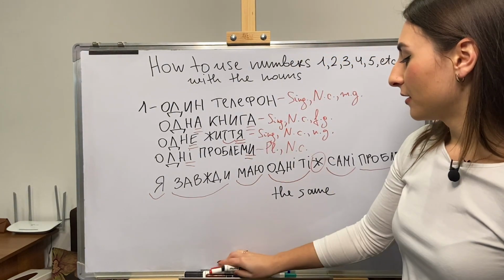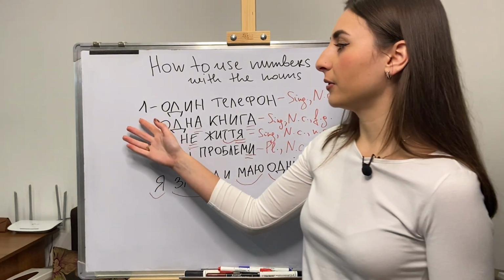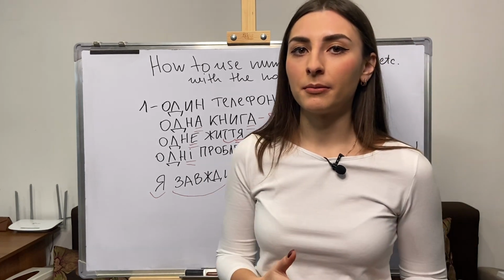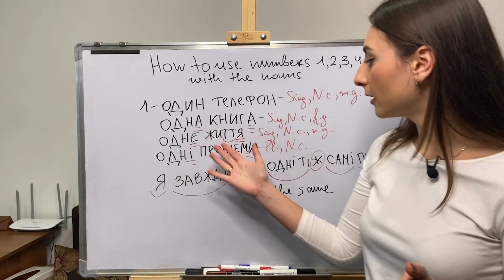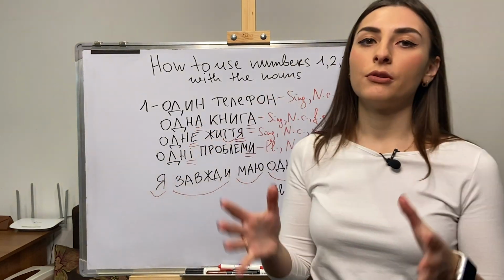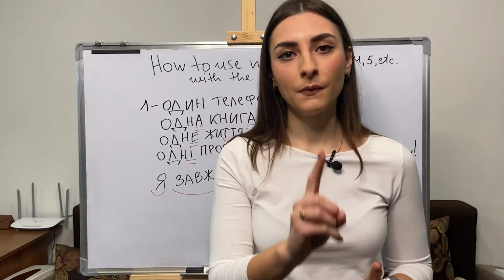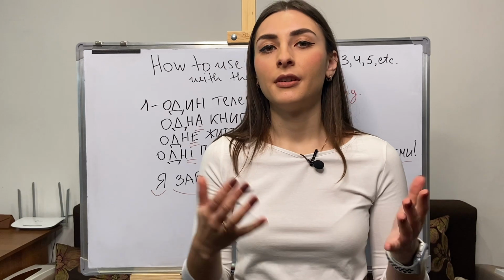Okay guys, I explained how we use the number 1 with nouns, how we make an agreement in gender with singular nouns, and we have to remember about the genders with plural nouns, but number 1 we always use with nouns in the nominative case.